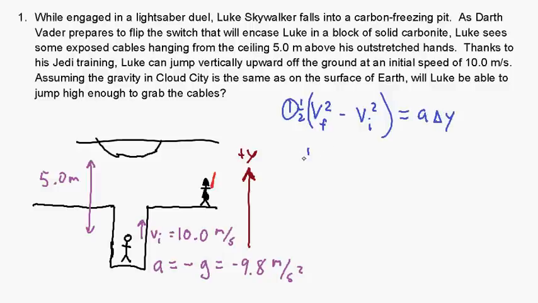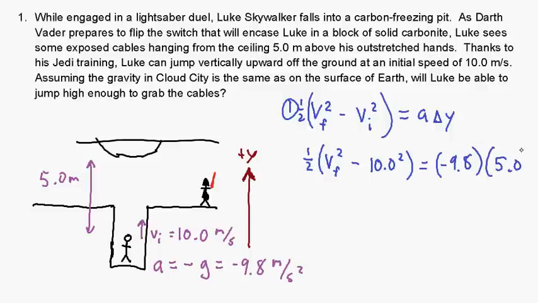Okay, so plugging in here, one half times Luke's final velocity squared minus his initial velocity, which is 10.0 squared, equals the acceleration, negative 9.8 meters per second squared, times the delta y he has to cover, 5.0 meters.